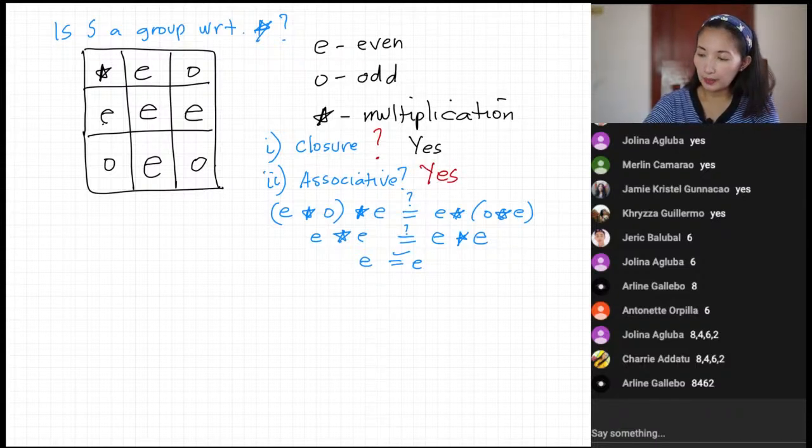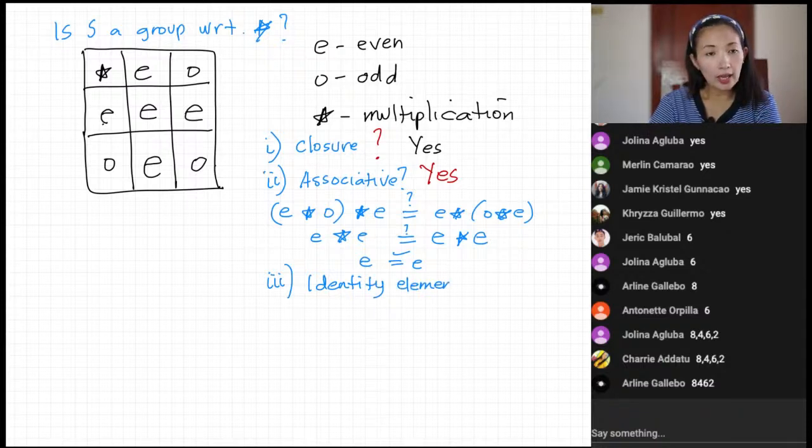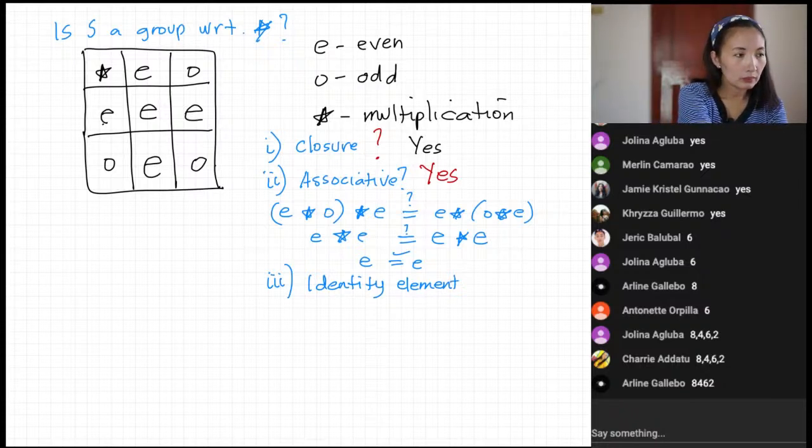Next, number 3. What is the identity element? Dito kayo nagkagulo. Isa lang nakakuha sa inyo sa buong klase. The identity element. What is the identity element?